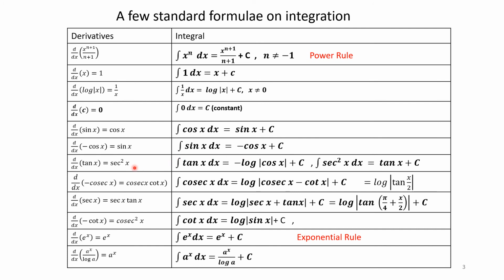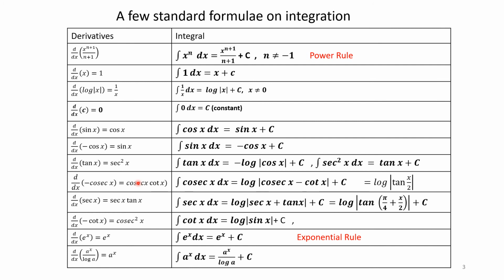Then d by dx of tan x, we know it is secant squared x, whereas here integral of tan x dx is equal to minus log of mod cos x plus c. And in other form, we can state integral of secant squared x dx is equal to tan x plus c.